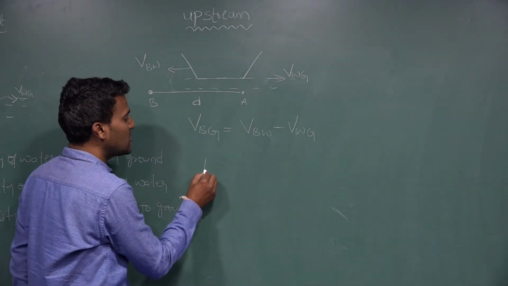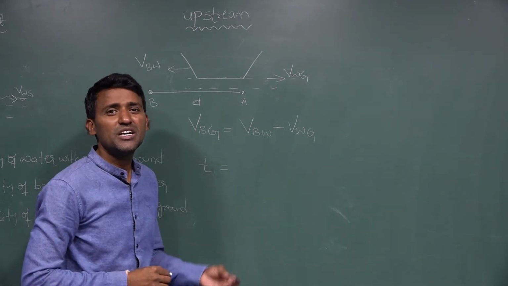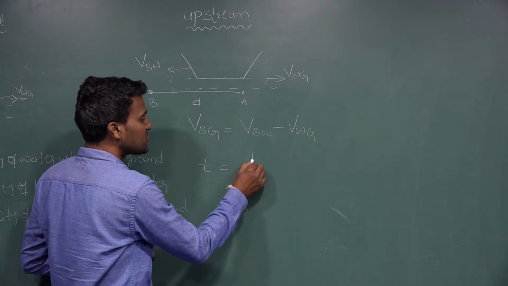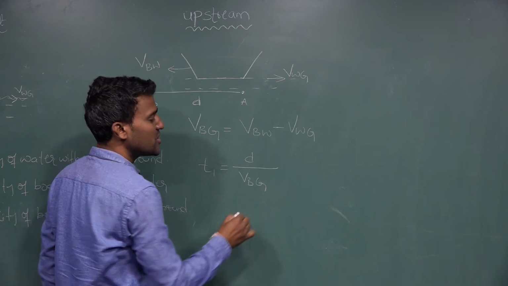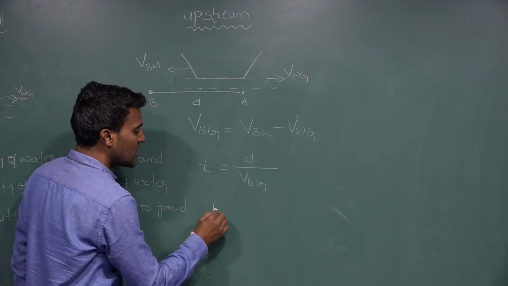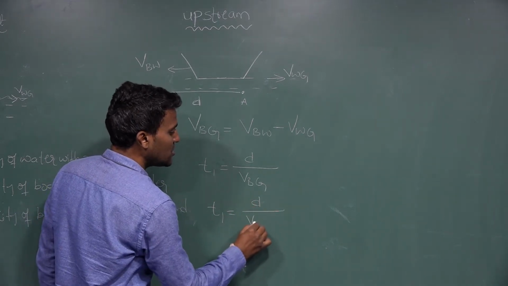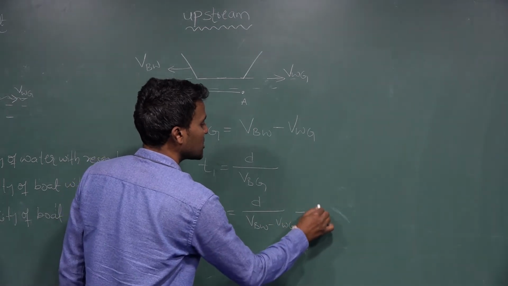Time T1 is distance by speed. Here the distance is D, and the speed is VBG, so we can write T1 is equal to D divided by VBW minus VWG. It is equation number 1.